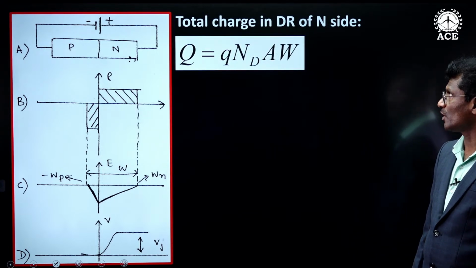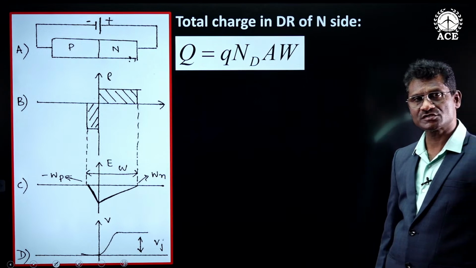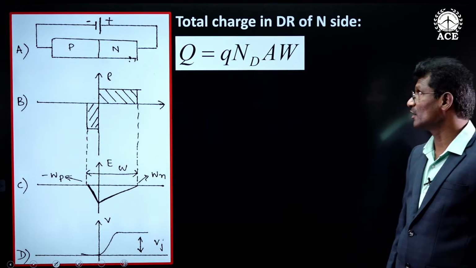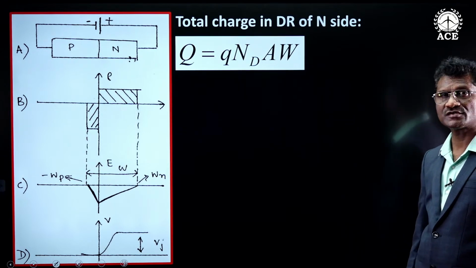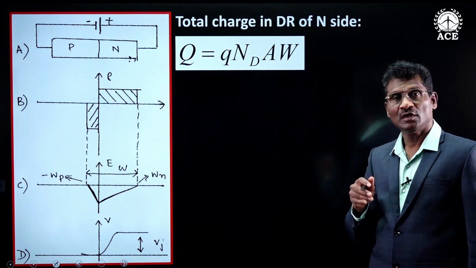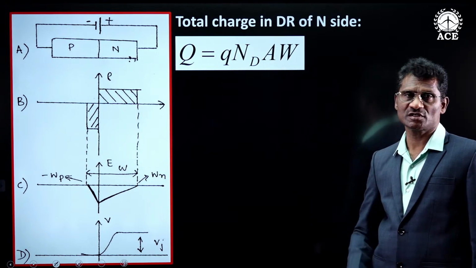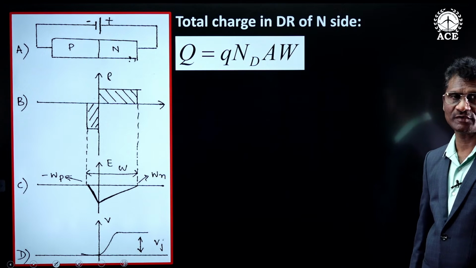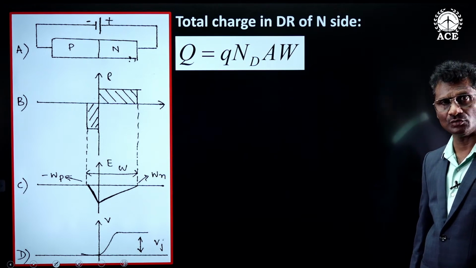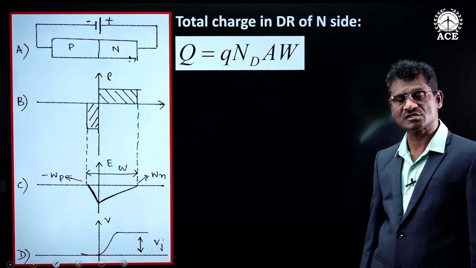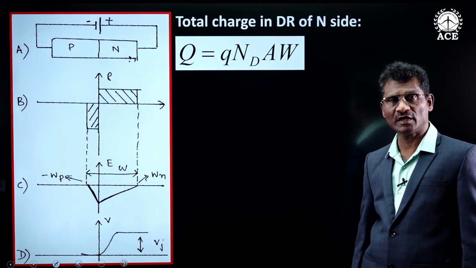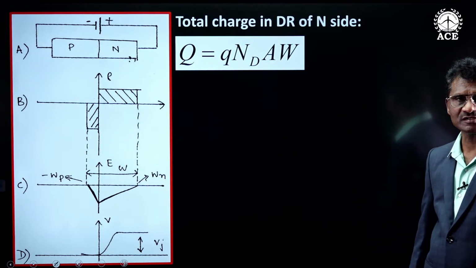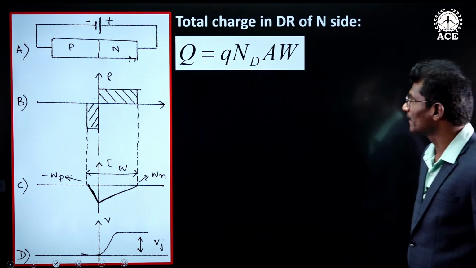Now, we want to find out the total charge existing inside the depletion region of N side. Why? Because the equation for transition capacitance is dq by dV. If you can find out Q and differentiate with respect to voltage, then we'll get the final equation for transition capacitance.